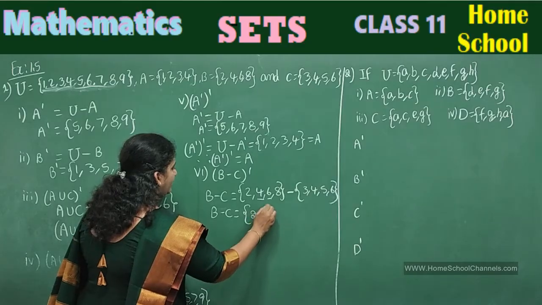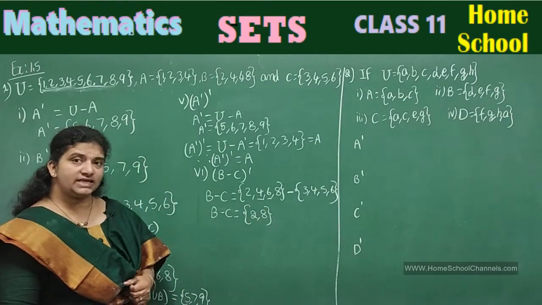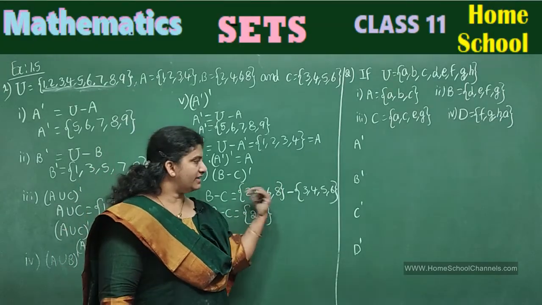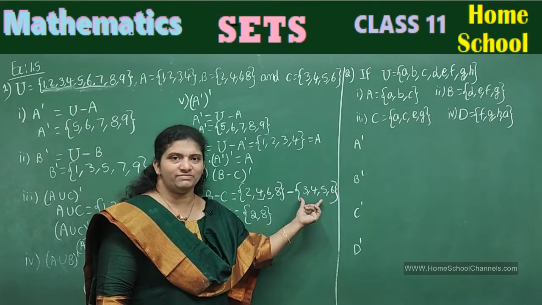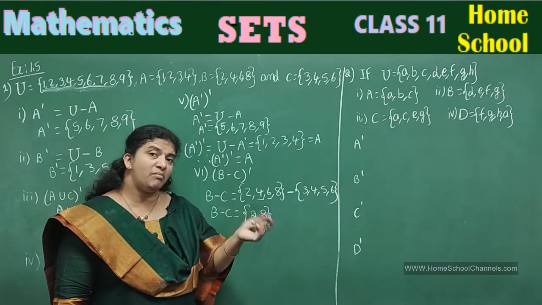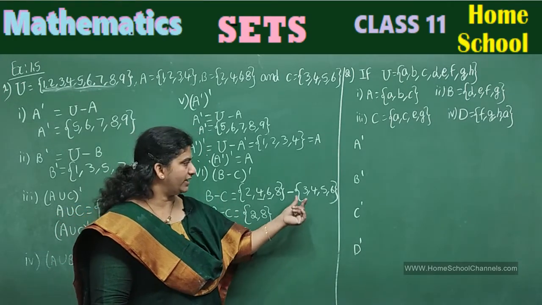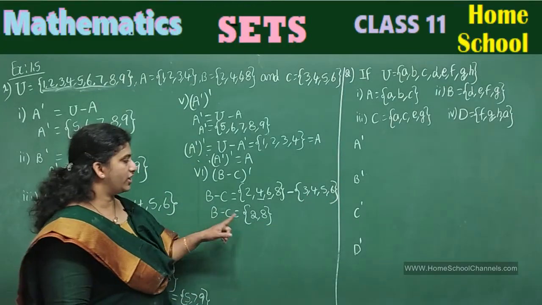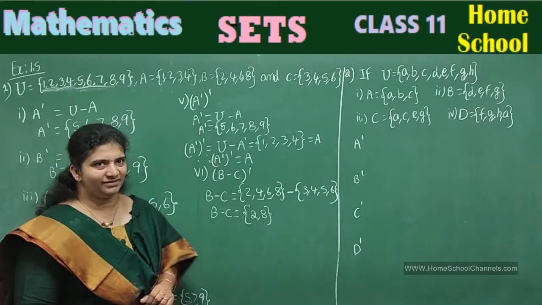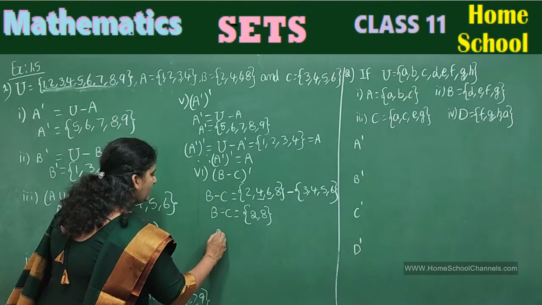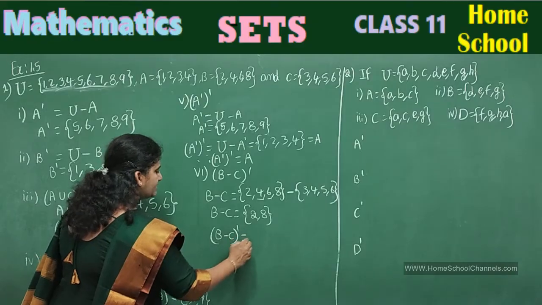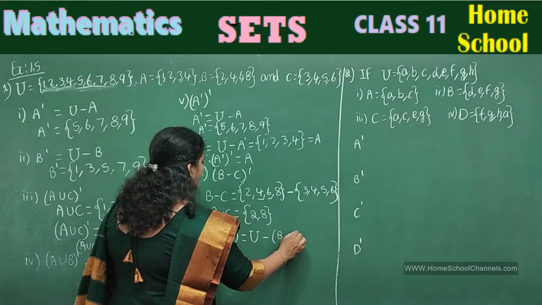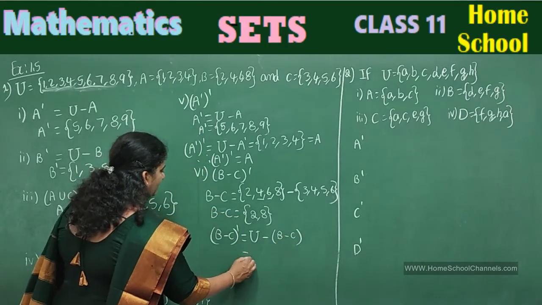2, 8. Suppose if I ask you C minus B, see the common elements here, 4, 6. Other than 4, 6, write the elements from C. When you have C minus B, that is 3, 5. But now here we have B minus C, so your answer is 2, 8. (B minus C) whole complement is equal to, in the universal set, remove the B minus C set elements.